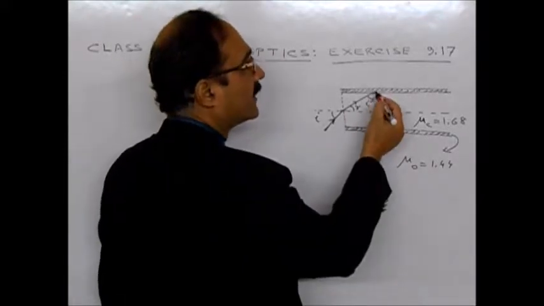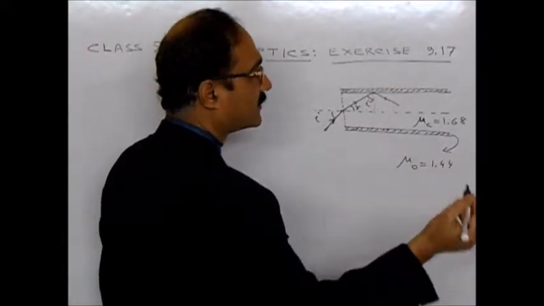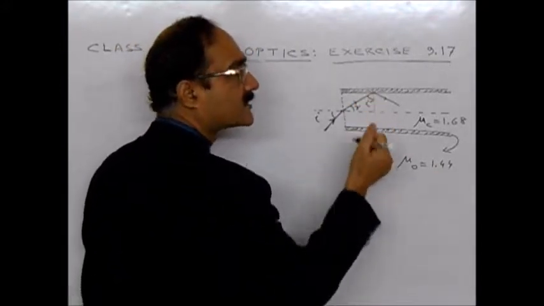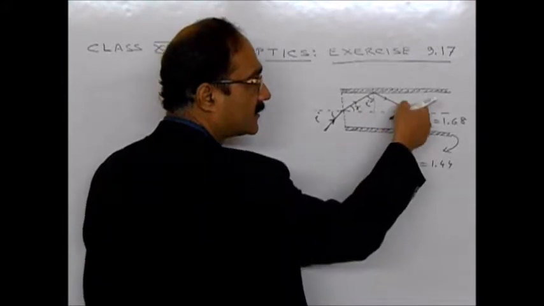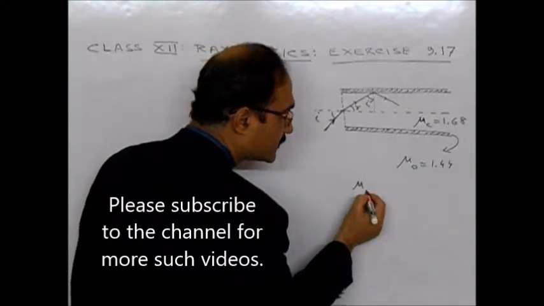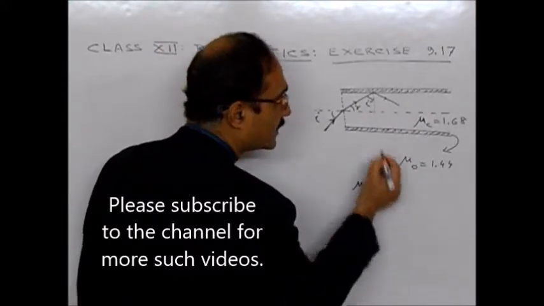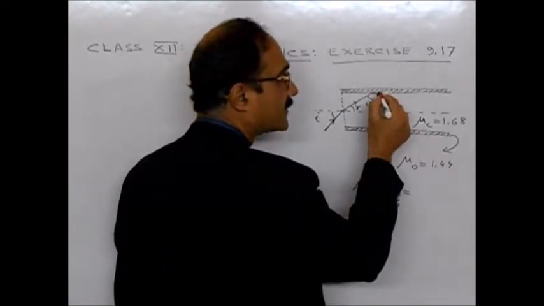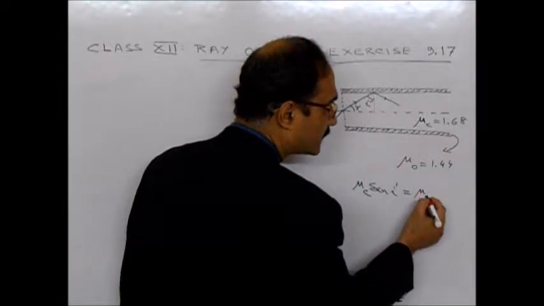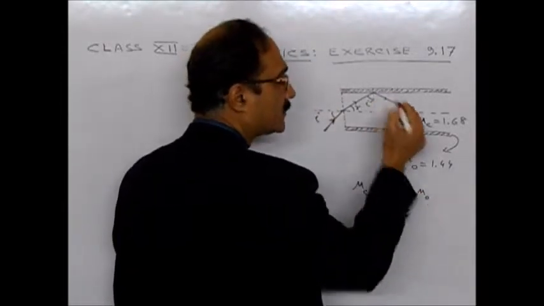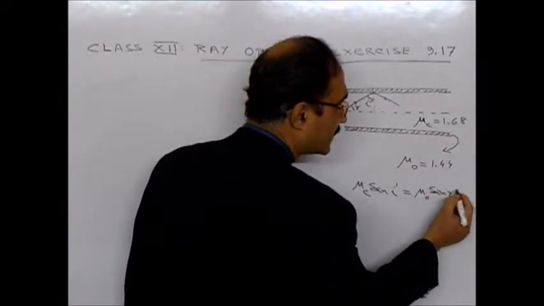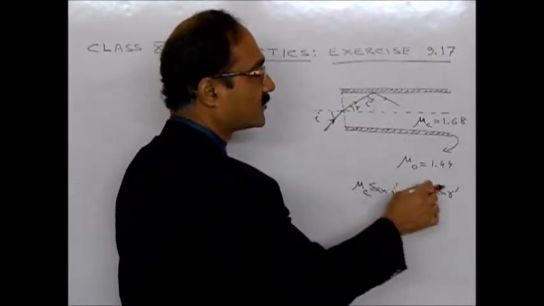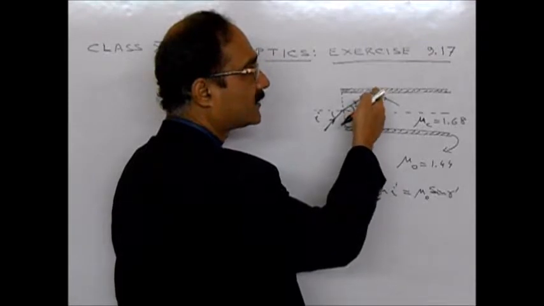And the angle of refraction here, if I call it R dash, then at this point, if we use Snell's law, we get the refractive index mu c into sine of I dash is equal to the refractive index of the cladding mu naught into sine of R dash, where R dash is the angle of refraction in the cladding.